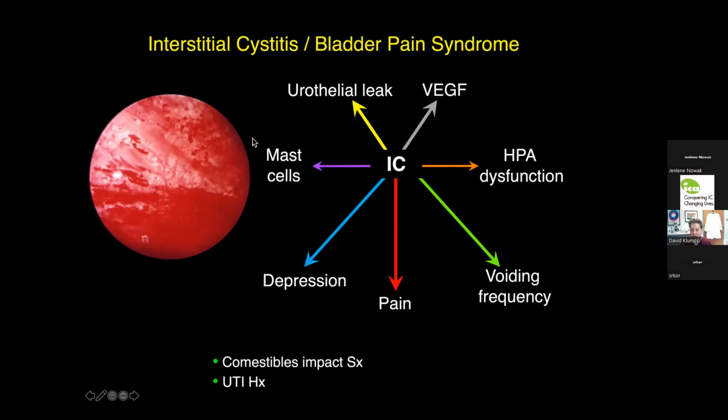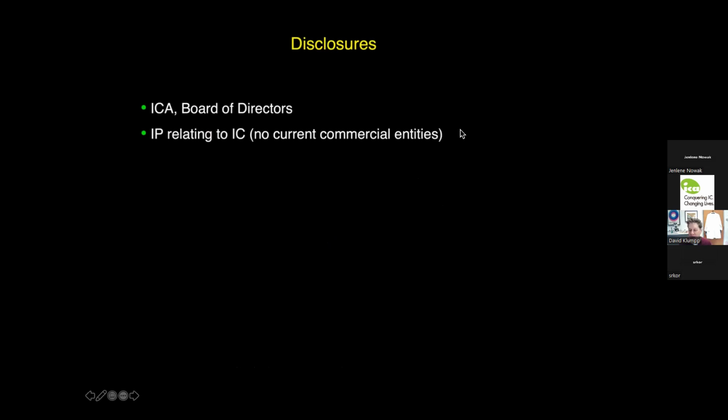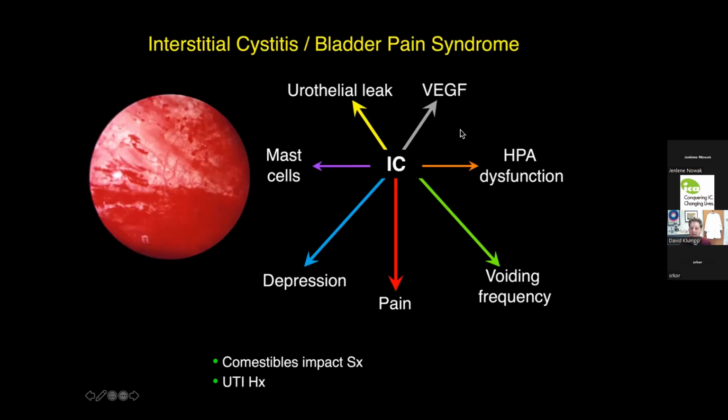There's often an association with mast cells. In my mom's case, I know that elevated levels of mast cells were observed in her biopsies. There's damage to the urothelium, the tissue layer that lines the bladder, those red cells that I showed you a moment ago. And then there's some suggestion of altered levels of vascular endothelial growth factor and that signaling.